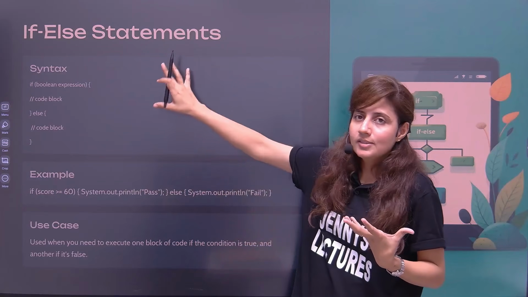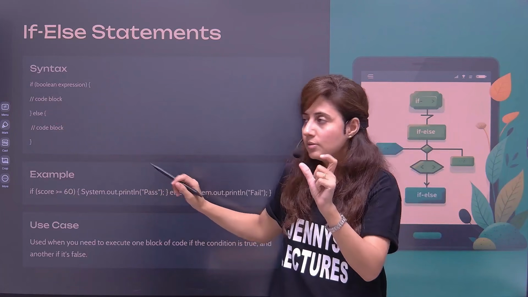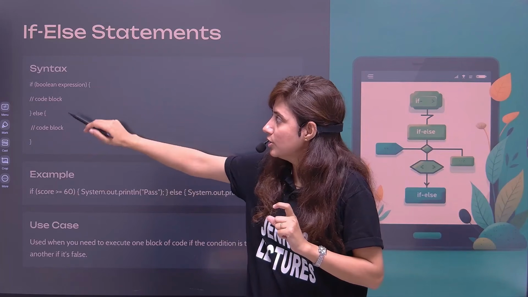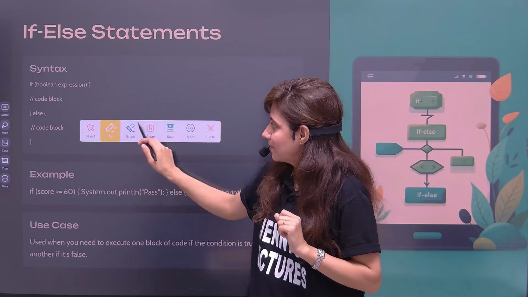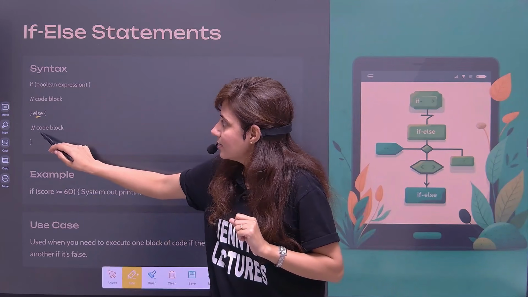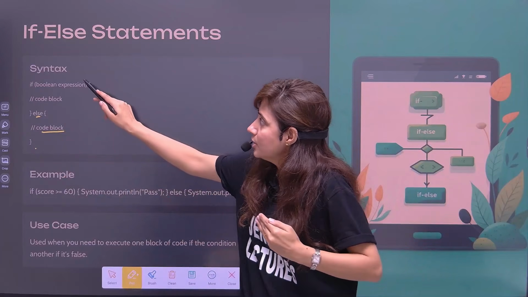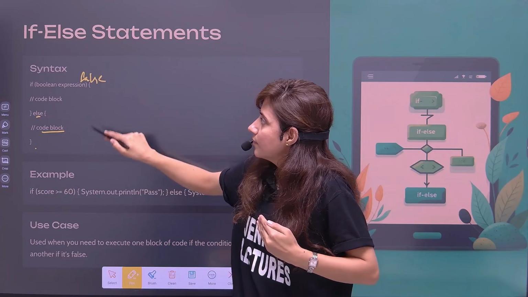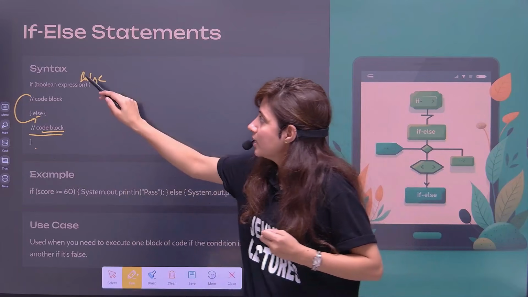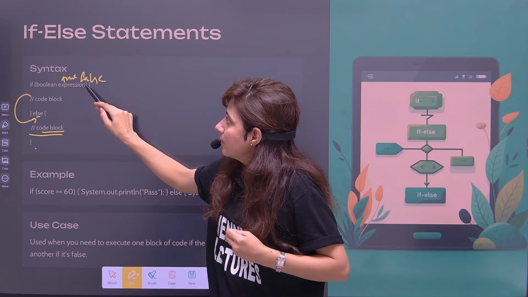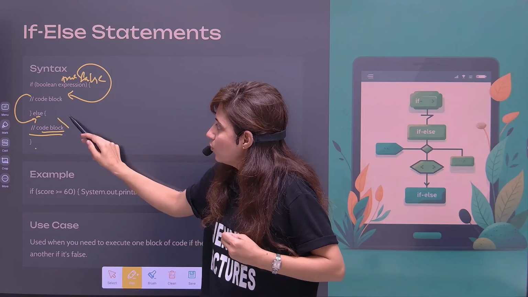So simple. The syntax for this is if, same, the boolean expression. This is the code block if the condition is true. And we have one more block, that is else. Else this block would be executed. Okay. If this condition is false, then control will go to this else block and this code would be executed. If this condition is true, then control will enter into this if block, and this else block would not be executed.